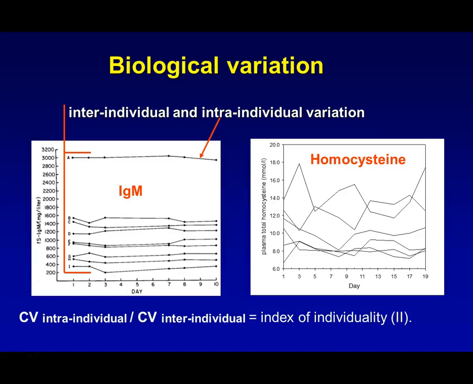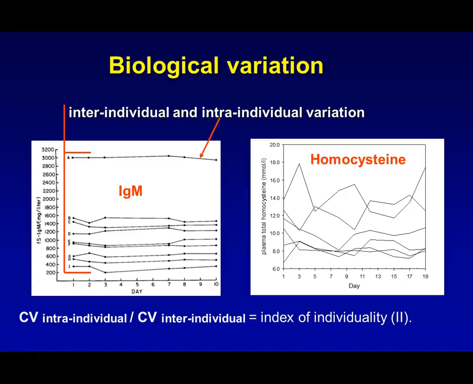The left panel shows a small intra-individual variation and a huge inter-individual variation. The right panel is on homocysteine in subjects, and for this we not only see quite some inter-individual variation, but also a quite high intra-individual variation.